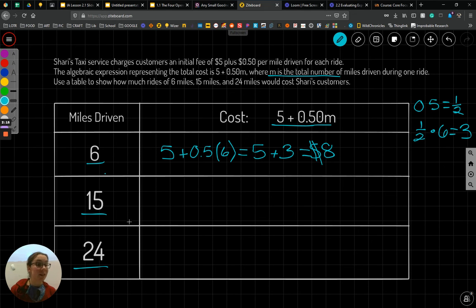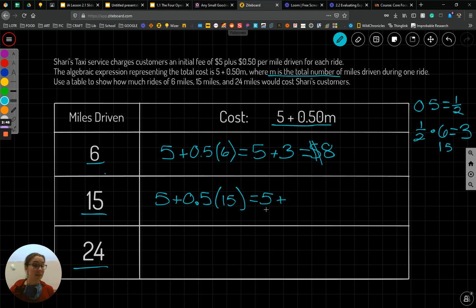Okay, let's look at 15. 5 plus 0.5 times 15 equals, well, 5 stays. 5 plus, what is 1/2 of, as we just did up here, well, now it's 15. 1/2 of 15, well, 1/2 of 14 is 7.